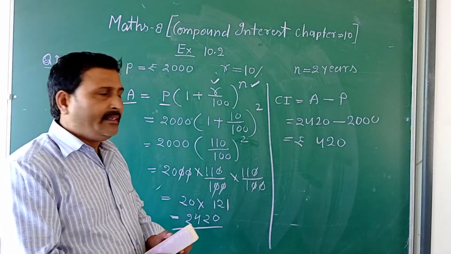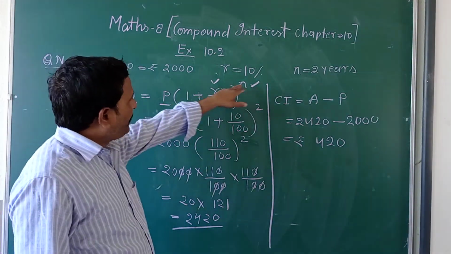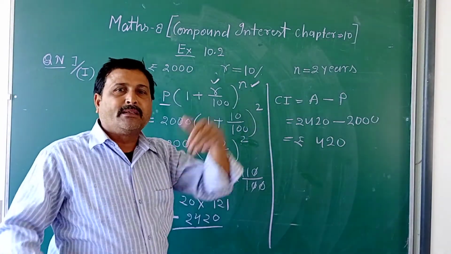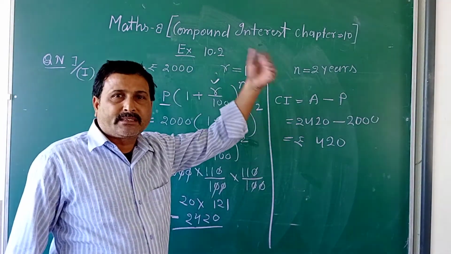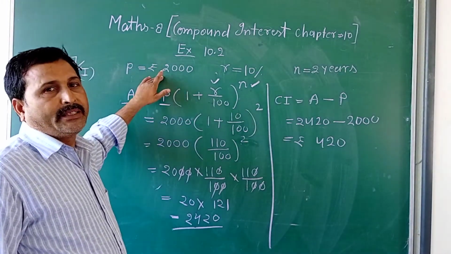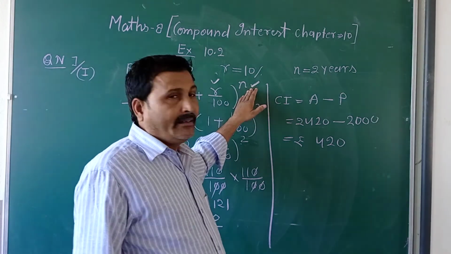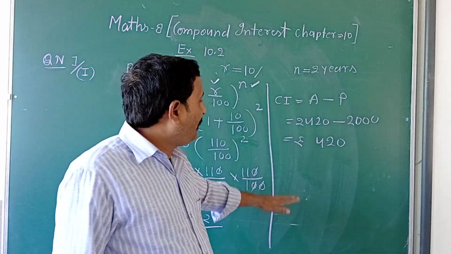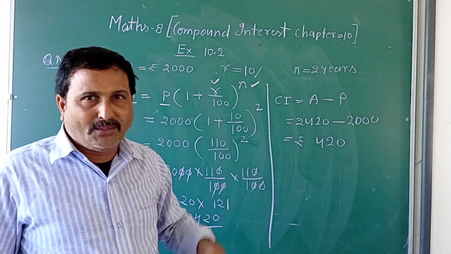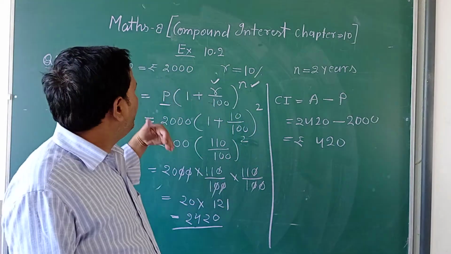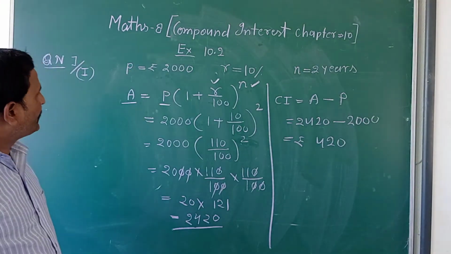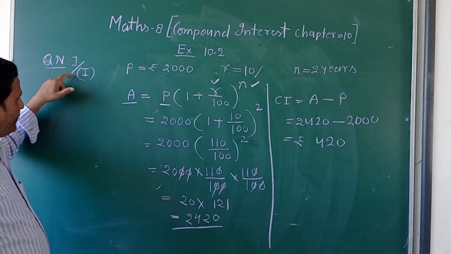Maybe in the question they will ask any of the variables: in how many years does 4000 become 6000, at what rate percent 2000 rupees after 2 years becomes 2420 rupees. So they can ask rate, time, amount, or principal also. So this is question number 1.